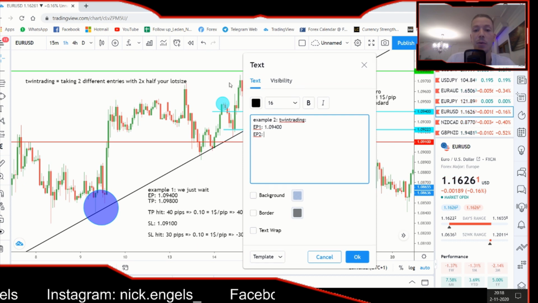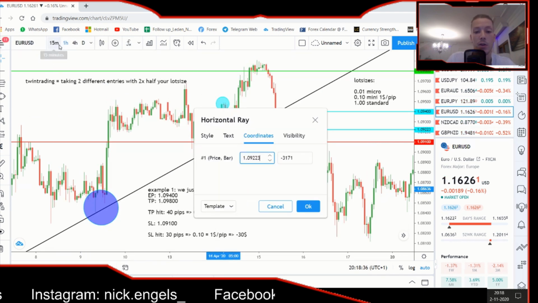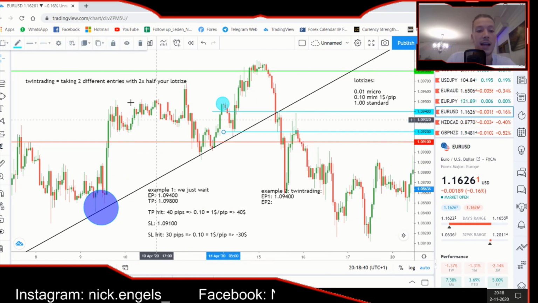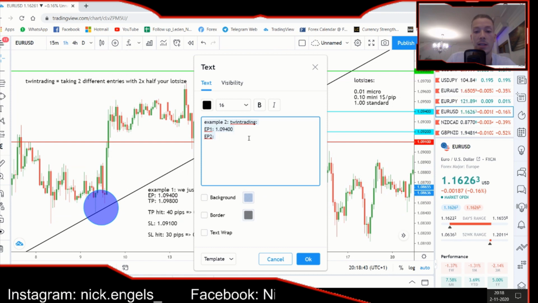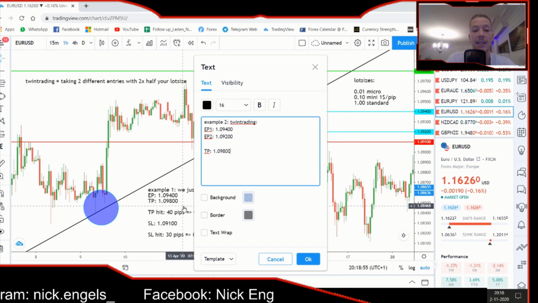And this entry point 2, in this case, let's put it at the 200, just again to make it a little bit easier. This entry point 2 is at the 200 level, so 1.09200. Our TP is still at exactly the same place, so 1.09800, exactly the same as in the first example.